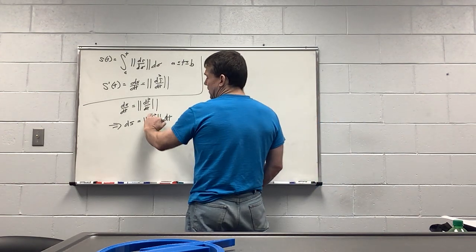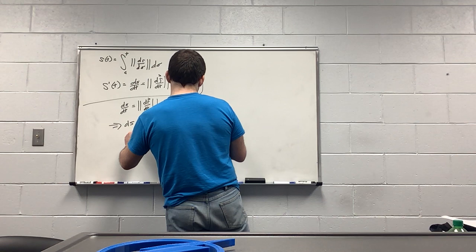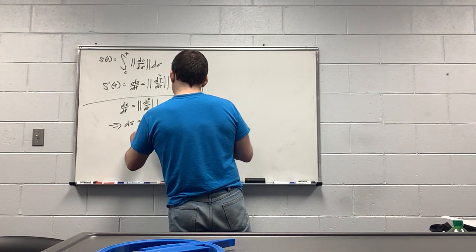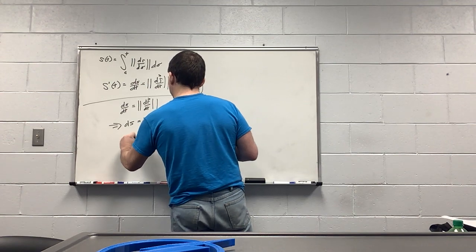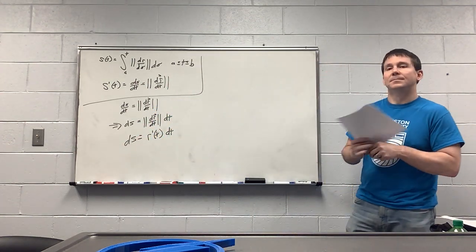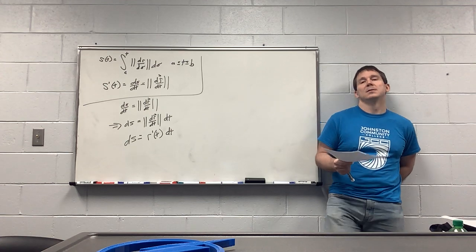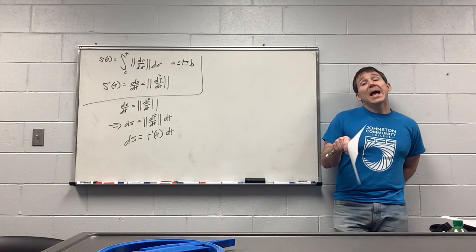But then I know by definition the magnitude of dr dt is just the magnitude of r prime of t, times dt.